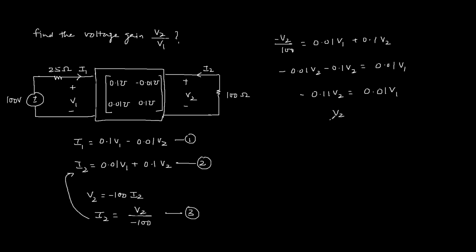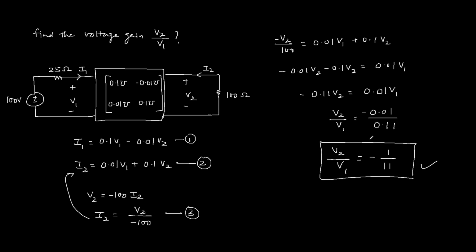So V2 over V1 is negative 0.01 over 0.11, which is simply negative 1 over 11. So this is the desired voltage gain V2 over V1.